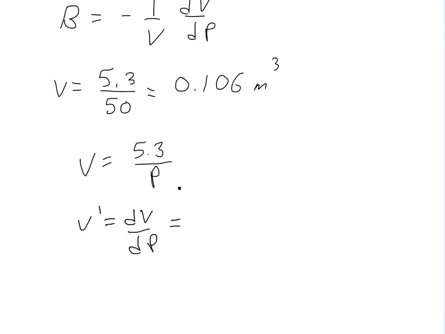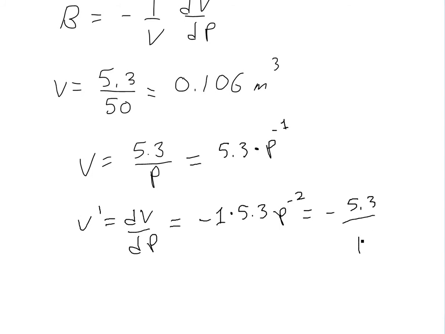Using our derivative rules, this can be written as 5.3 times P to the -1, a power function. Recalling the power rule for derivatives, you put the -1 down, multiply it by 5.3, and subtract 1 from the exponent, giving P to the power of -2. This equals -5.3 divided by P to the power of 2.